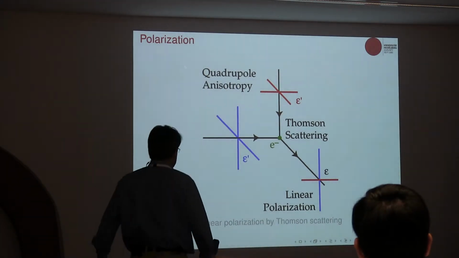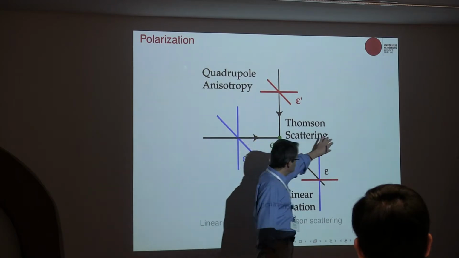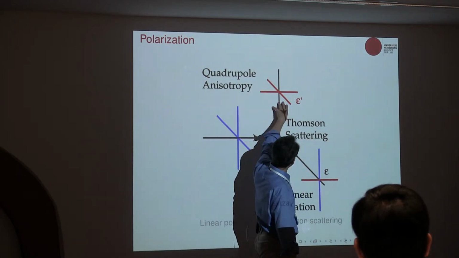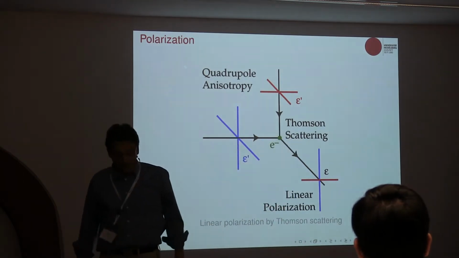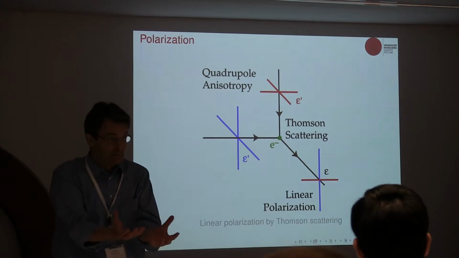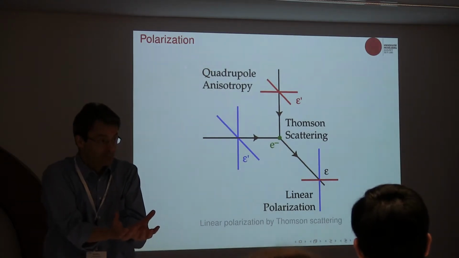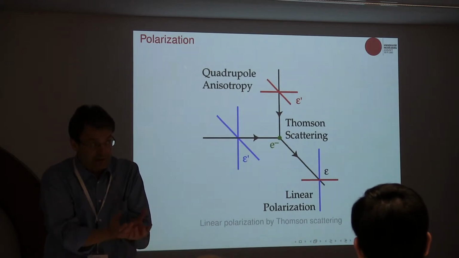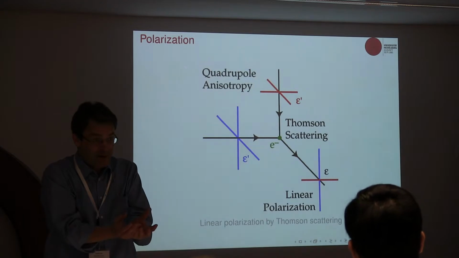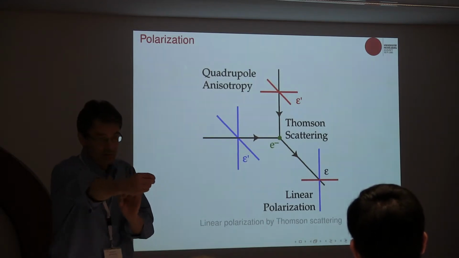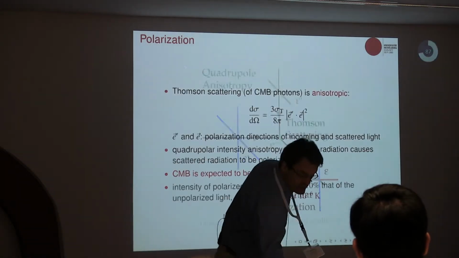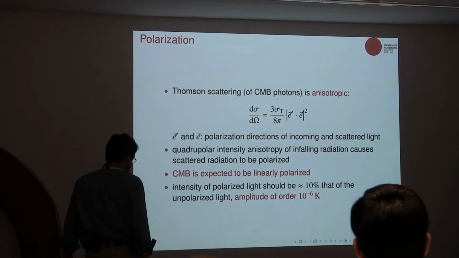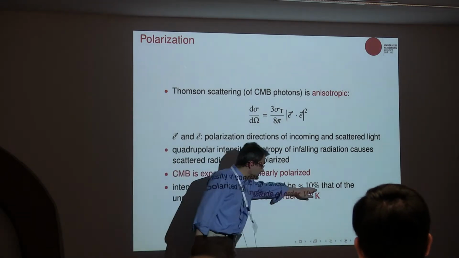So if you imagine you have the same intensity coming from the left and from the right, and the same but lower intensity coming from the top and from the bottom, you see that the irradiation pattern falling on the electron is quadrupolar. Right? So the quadrupolar part of the cosmic microwave background intensity fluctuations is giving rise to linear polarization.